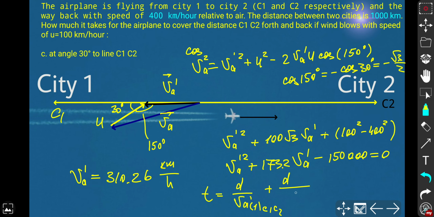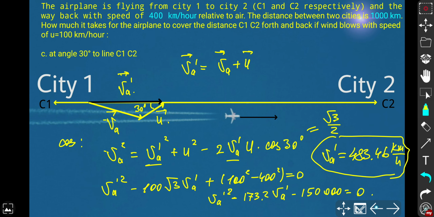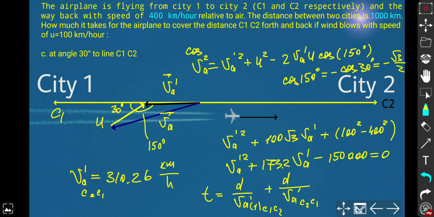So this is C2 to C1, while what we calculated before is C1 to C2. So we just need to plug in the values. Instead of d, we use the same distance. And if we do that, we'll get around 5.29 hours. So that's case C.